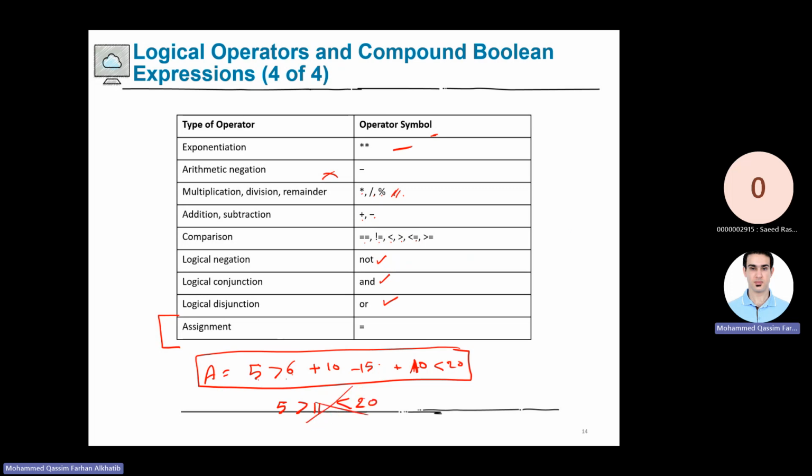You cannot have something like this because the result of this is going to be either true or false, and then false less than 20, I don't think that command will work. However, in the exam, there could be an and here, for example, and then in that case, you have 5 larger than 11.